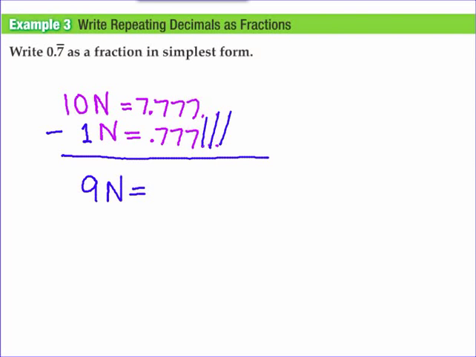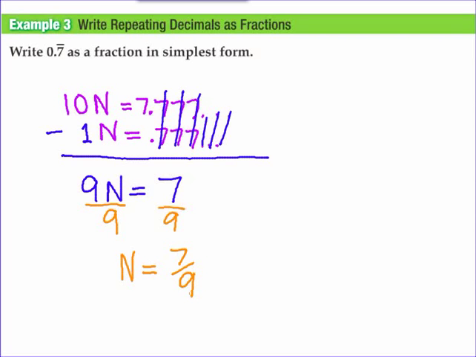What's 7 minus 7? 0. What am I left with? 7. What do you think I'm going to do next? I'm going to divide by 9 because I'm solving for n, and to solve I divide. So I get 7 ninths.